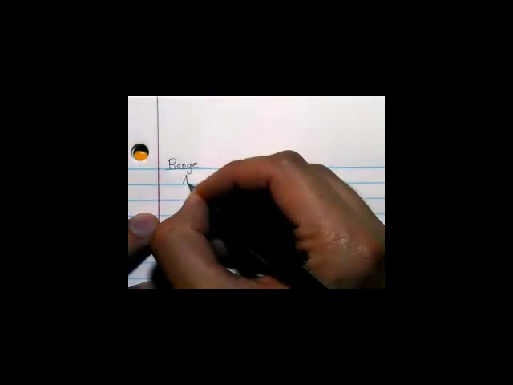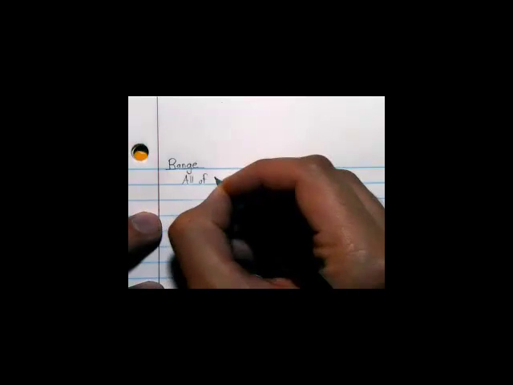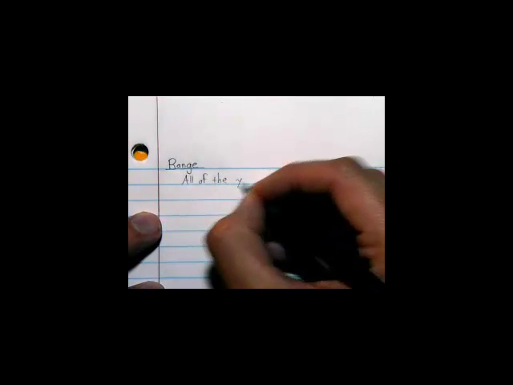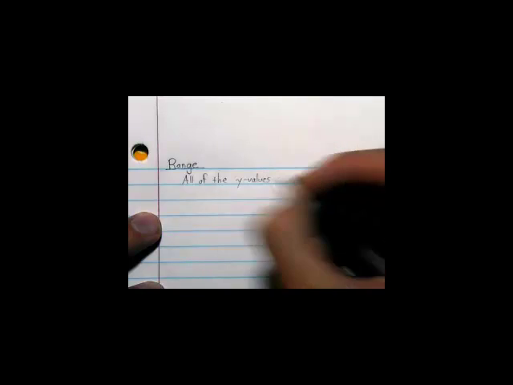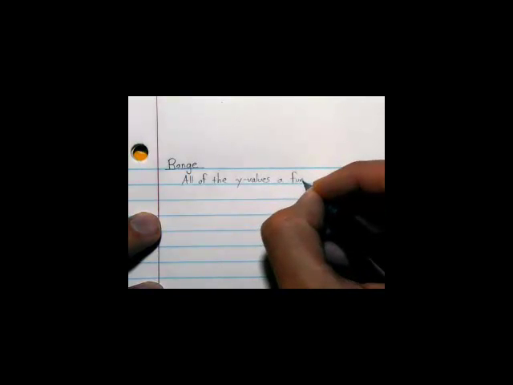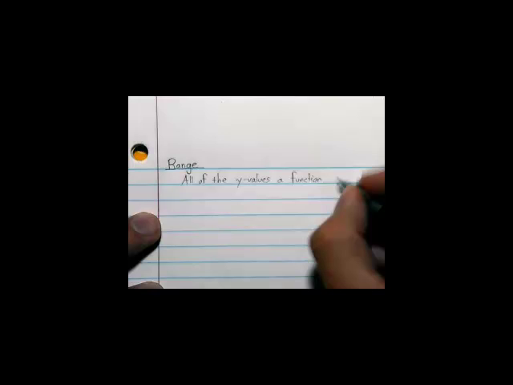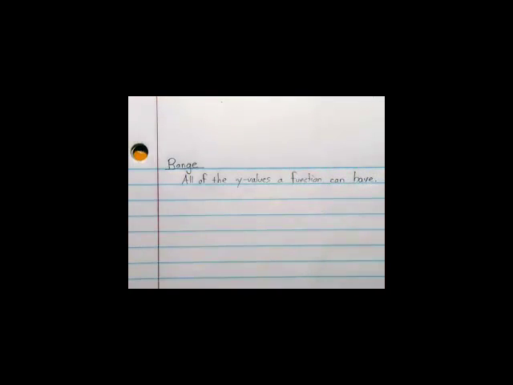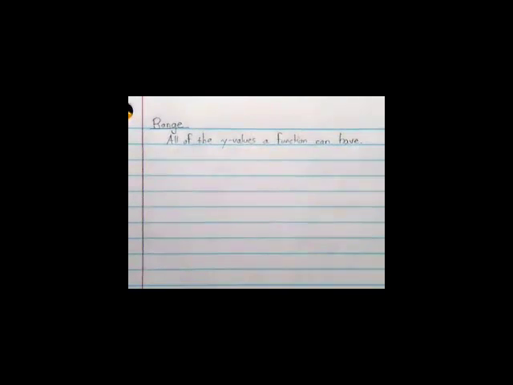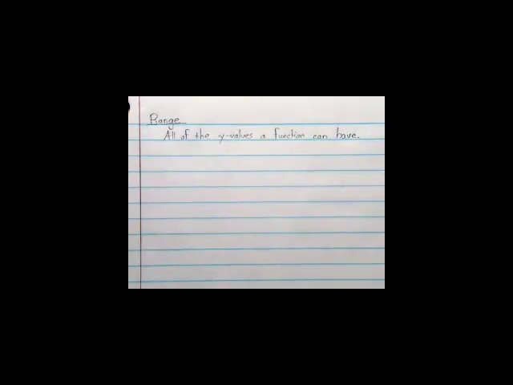So the range would be all of the y values that a function can have. And we don't have a real effective way to do a range calculation by hand, which is good news for you guys, because then you don't have to worry about doing it by hand without a calculator.